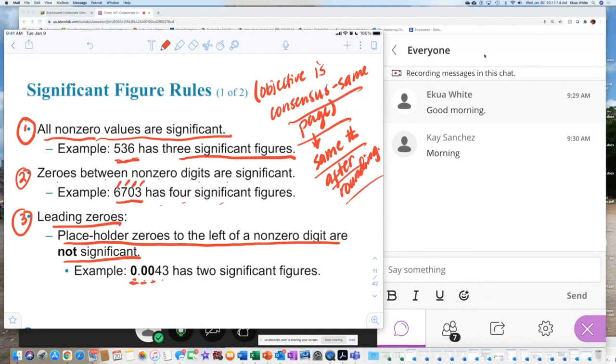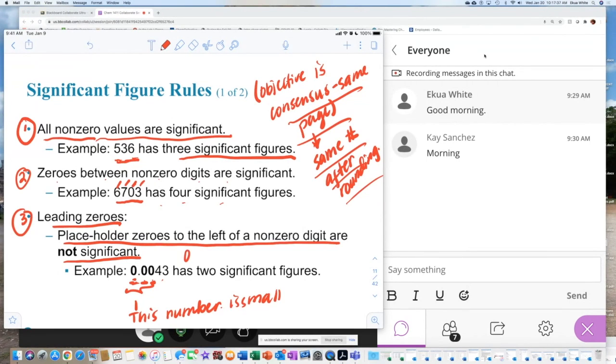So the 0.00, these are leading zeros. These three zeros here are here to communicate to you this number is small. How small is it? It's small based on how many zeros you have before the number.